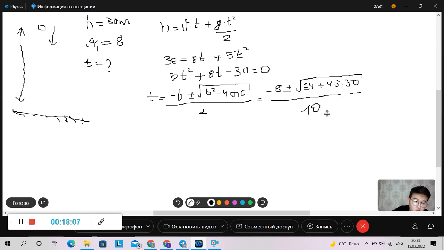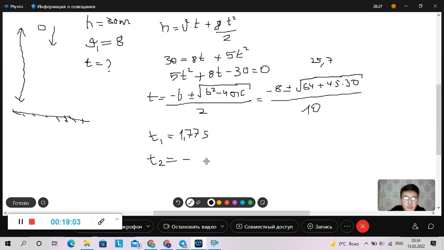This root will be 25.7. The first time is equal to 1.77 seconds.